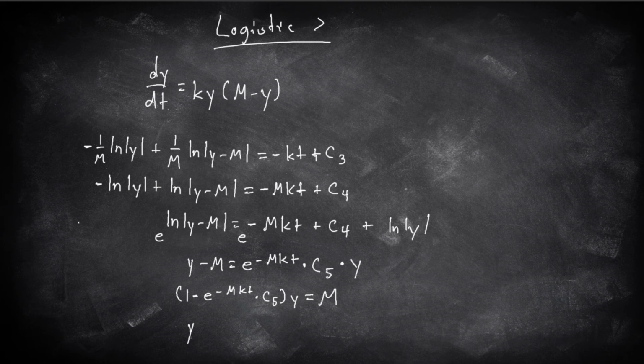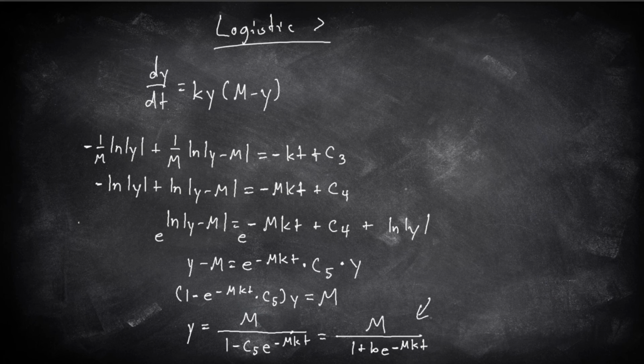Overall, we can isolate our y, and that becomes m divided by 1 minus c sub 5 times e to the power negative mkt; I moved c sub 5 in front so it looks a little nicer. We could substitute c sub 5 with a different variable. Let's say negative c sub 5 is b, so that's 1 plus b e to the power of negative mkt, so it looks a little nicer.